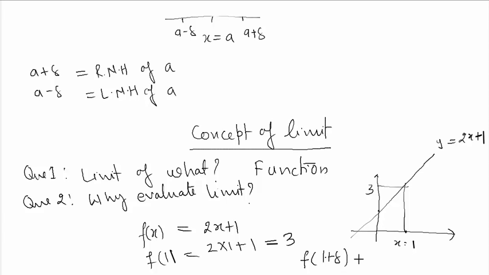If delta tends to 0 and we approach from the right, you can see the function is approaching toward 3. In the same way, if we approach from the left, that is f of 1 minus delta, it again approaches 3. So as we approach toward 1, the function approaches toward 3.